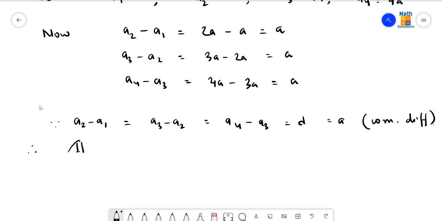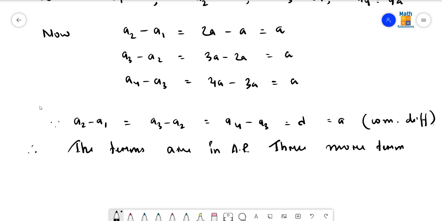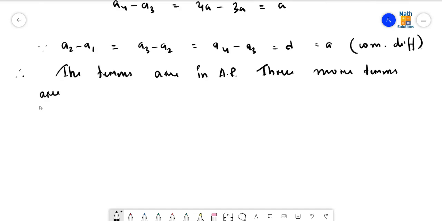Therefore, the terms are in AP. So three more terms are, what do I get here? Three more terms are A5 is equal to A4 plus d.